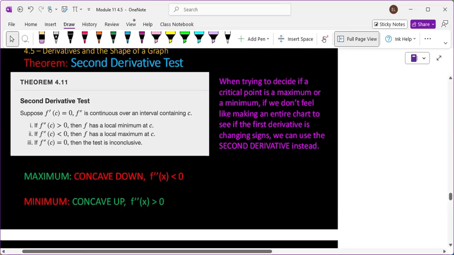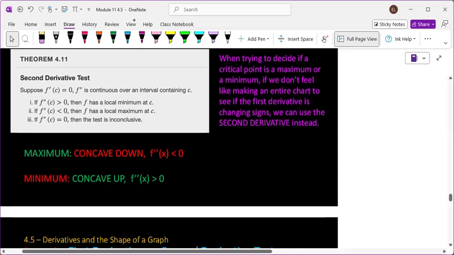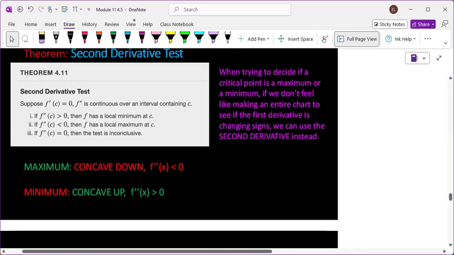So there's our second derivative test formally written as a theorem. And it's literally just what I was saying.